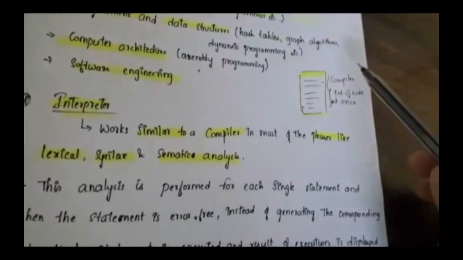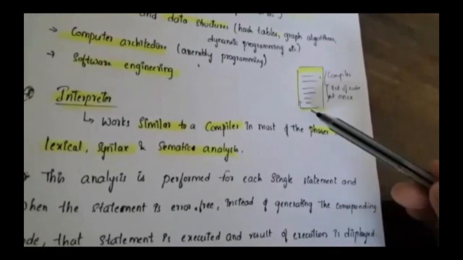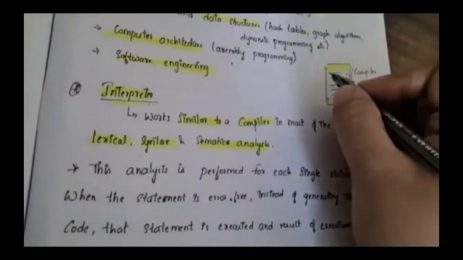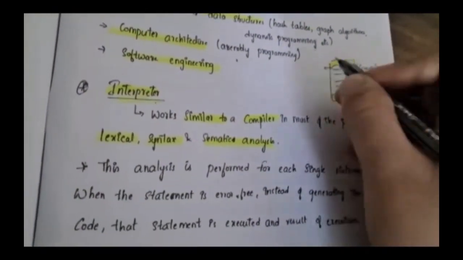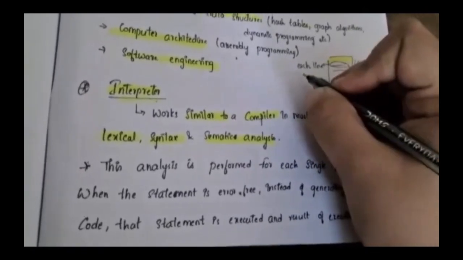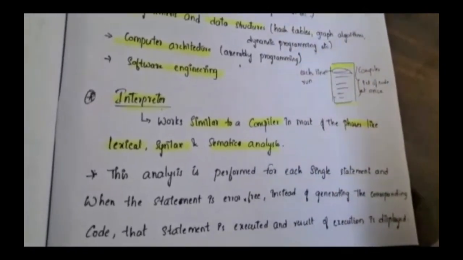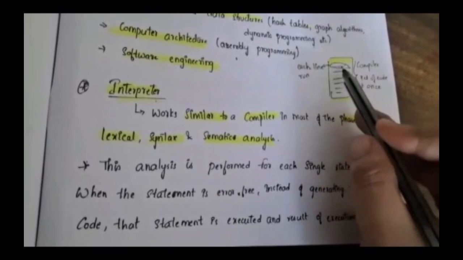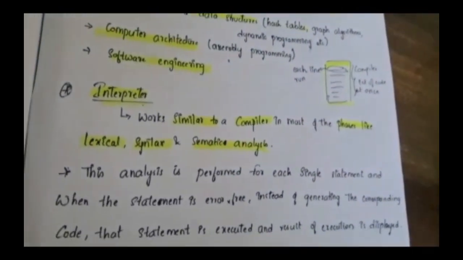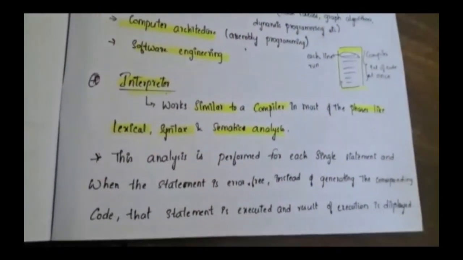But what the interpreter does is run each line, one at a time. When you run each line, it takes a lot of time for the execution part, and that's what the interpreter actually does.